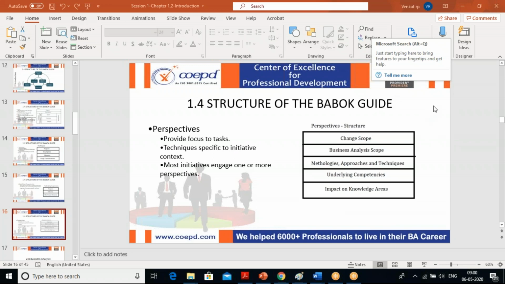When we are working on a perspective, we should understand it through these: the change scope, the scope of the particular change, and the business analysis scope, what exactly we are going to do concerning this particular change. We should understand what methodologies, approaches and techniques we are going to use here, what underlying competencies can be utilized, and what will be the impact on the knowledge areas, that we are going to understand through perspectives. Please draw this perspective structure.